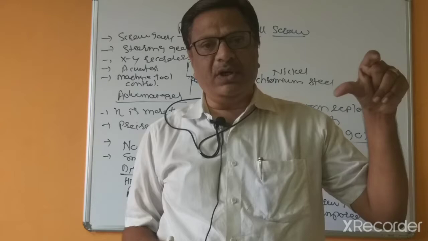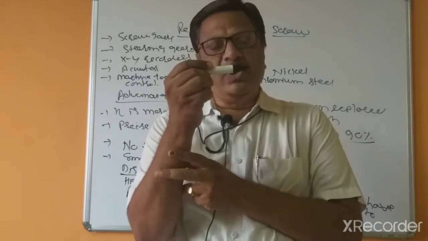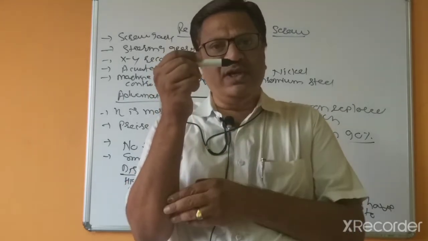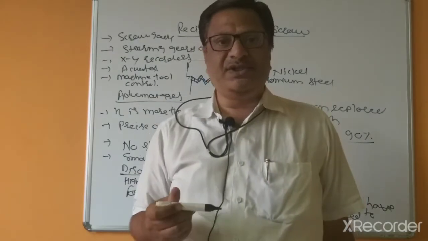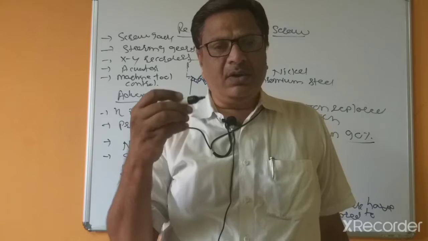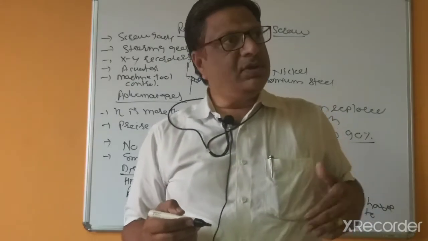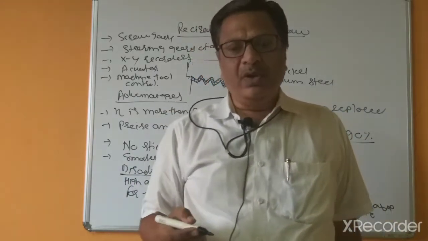Accuracy is very important in tool rooms, and accuracy means deflection of the tools. If the rigidity is more, deflection of the tool is very less, and you will get more accuracy in finishing, or whatever operations you are performing on the products. So that's why you can't use the recirculating ball screw in tool rooms.